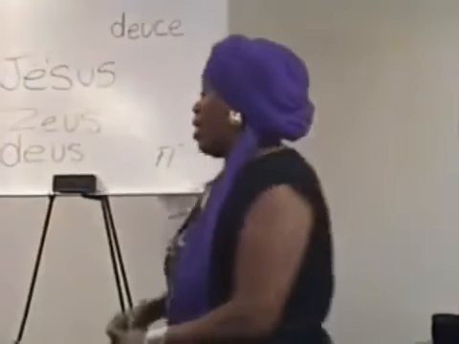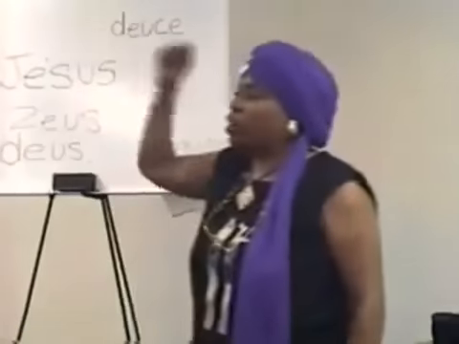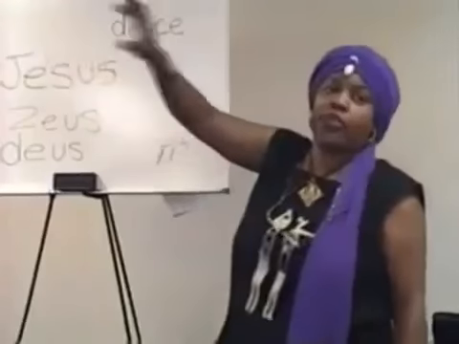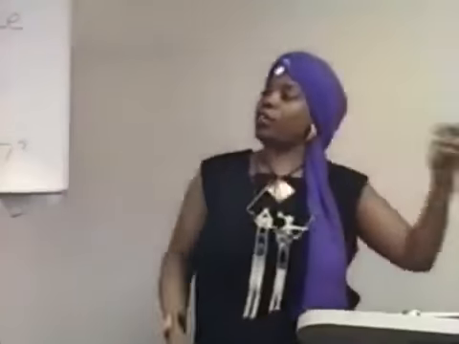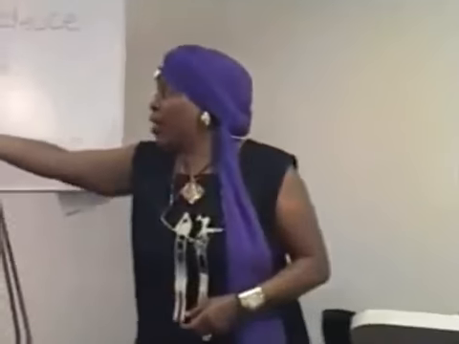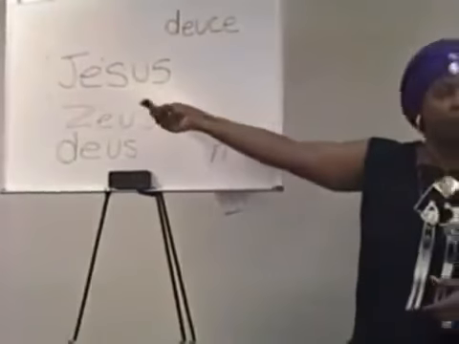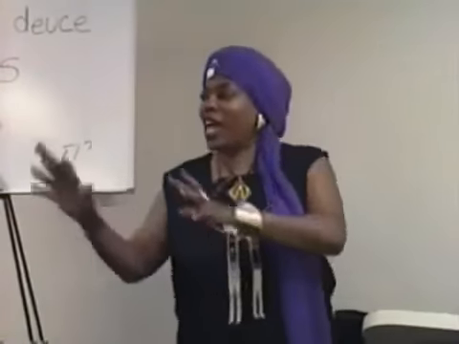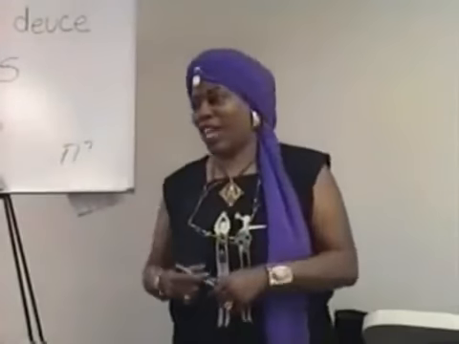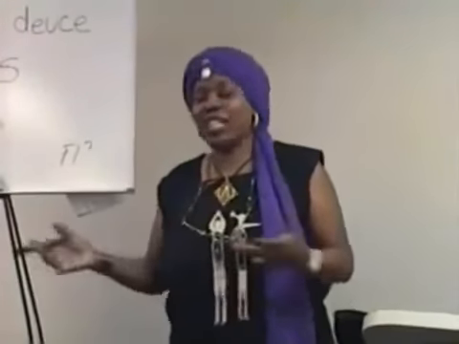Now, look at it this way. You don't hear anything in the so-called Bible about Jesus until you get to the New Testament. The New Testament is by who? The Greeks. Who is the supreme god of the Greeks? Zeus. If you look in the dictionary under Zeus, it will tell you the supreme god of the Greeks. So where do you find Zeus in the Greek Testament? It's written in there as what? Jesus. It's really the same.